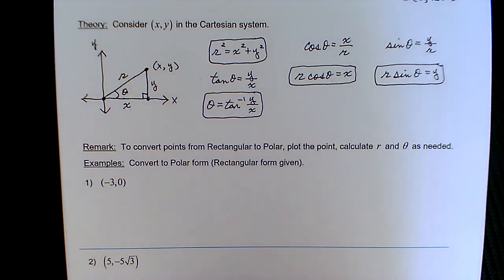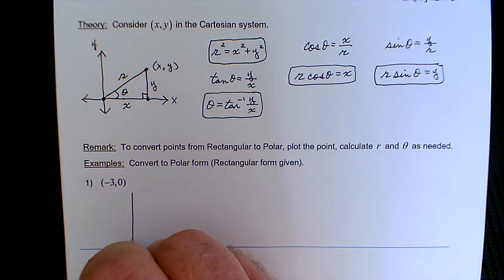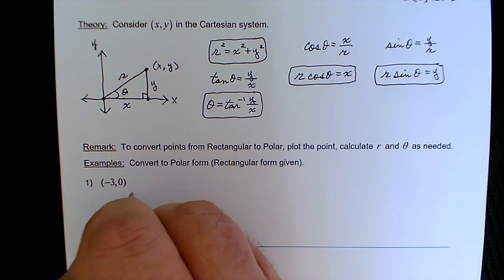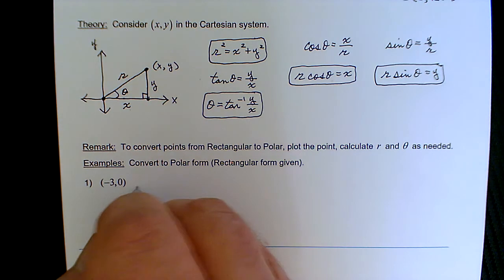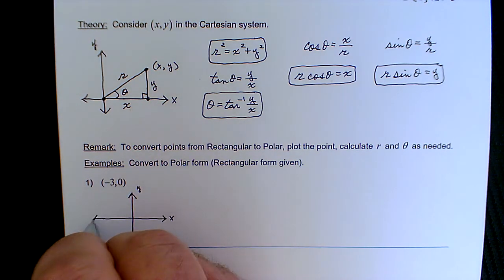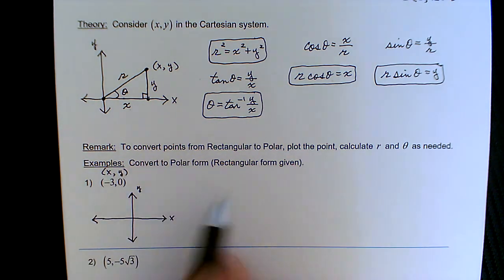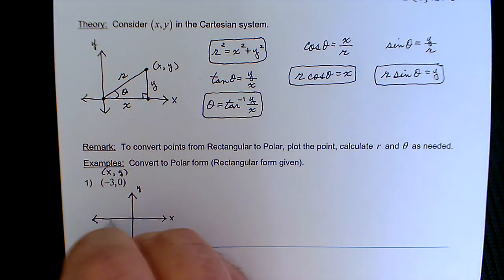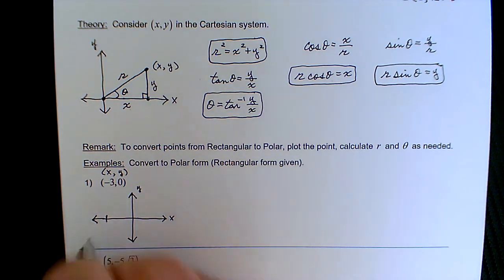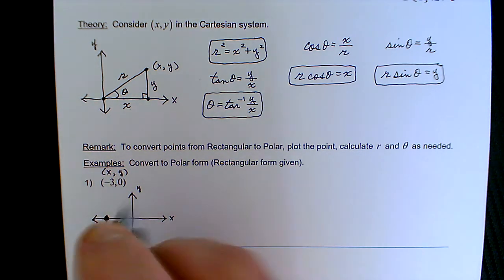If we consider plotting this point in the Cartesian coordinate system, -3, 0, so okay, in the xy Cartesian coordinate system, because this is x and y, it's mentioned here, convert to polar, rectangular is given, would just be 3 units along the negative x-axis, -3, and that would be our point.